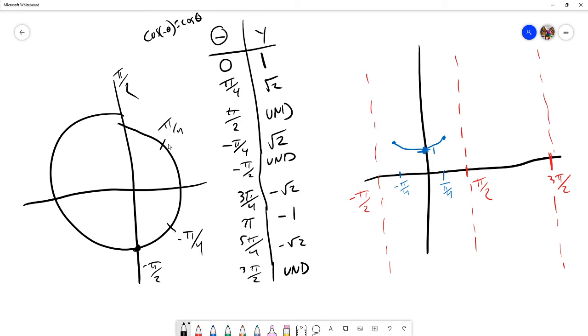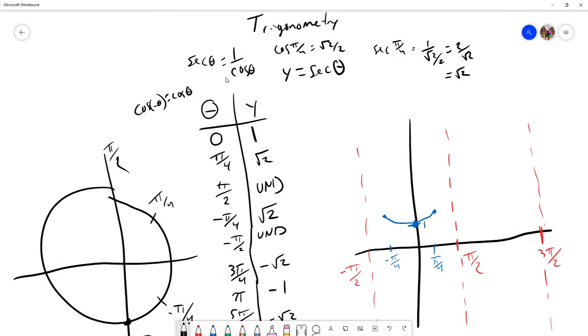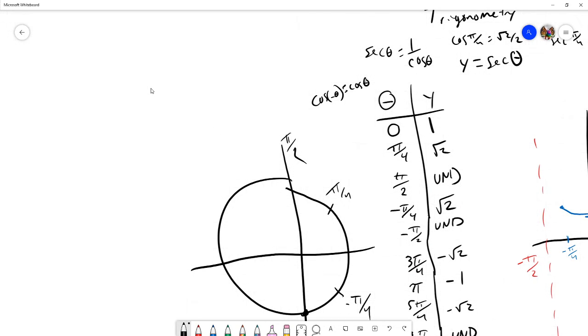Now, in quadrants 1 and 4, cosine is positive. This means secant is positive in both these quadrants. So when we consider cosine getting closer and closer to pi over 2, it's getting closer and closer to 0, right? Because cosine of pi over 2, cosine of negative pi over 2 is 0.